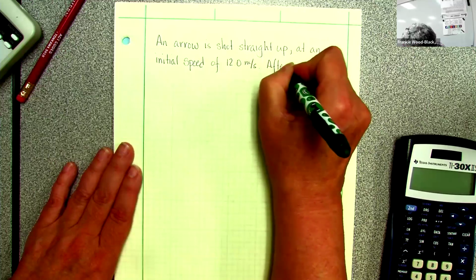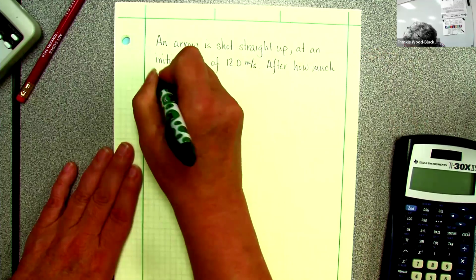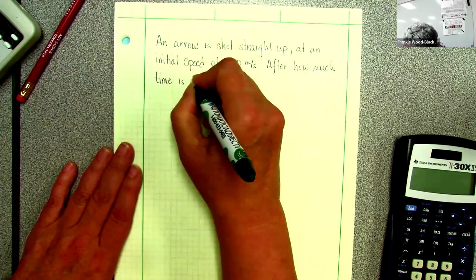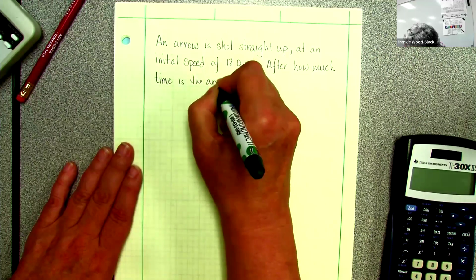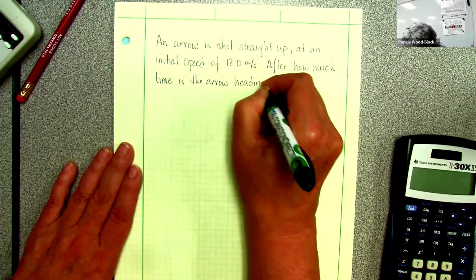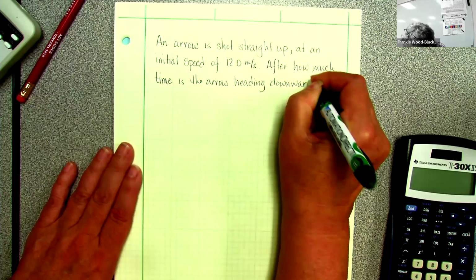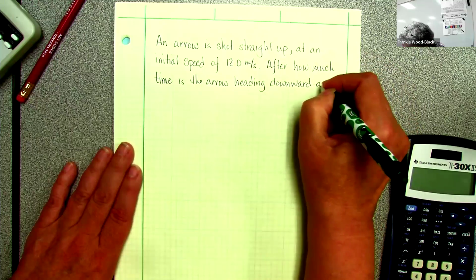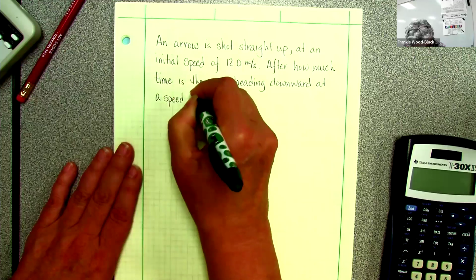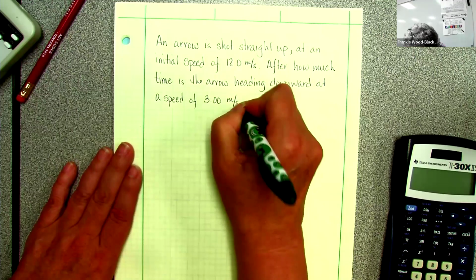After how much time is the arrow heading downward at a speed of 3.00 meters per second?